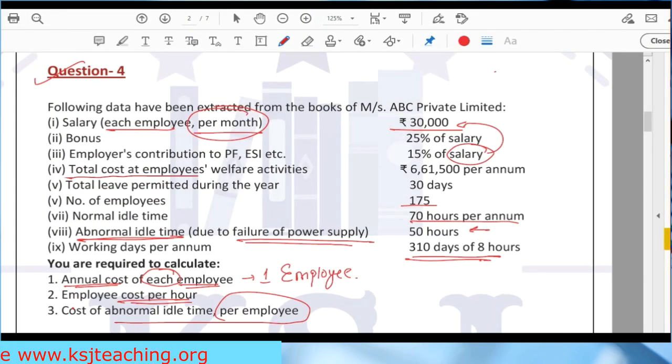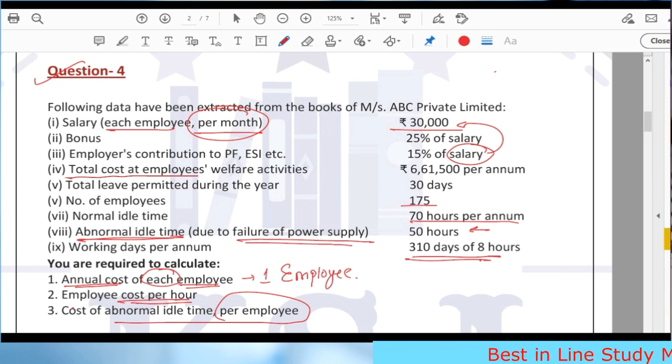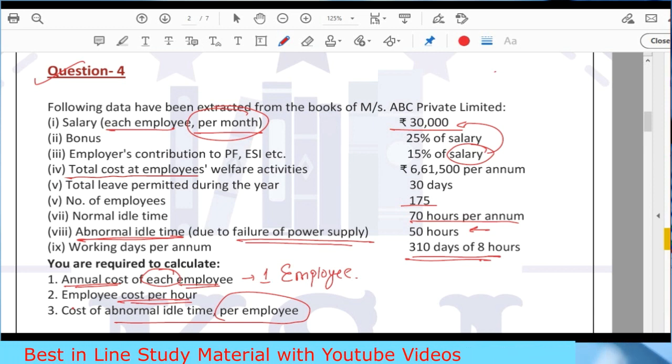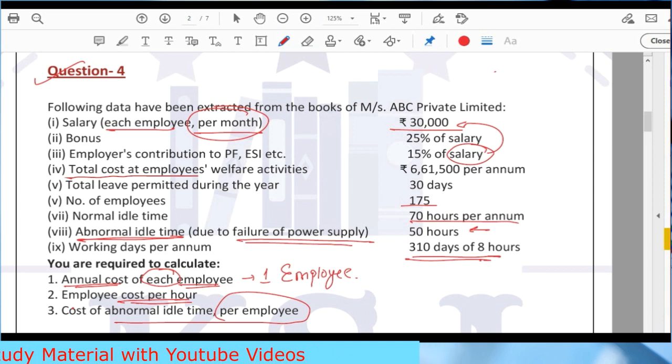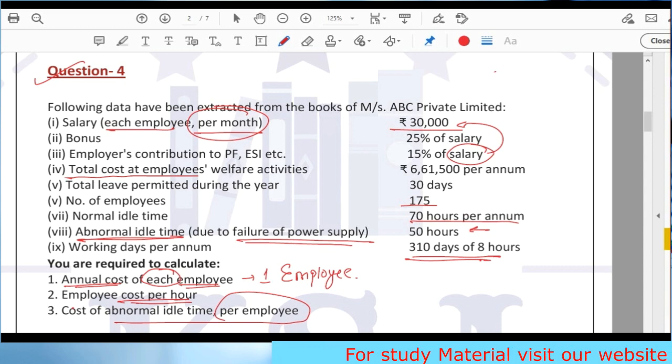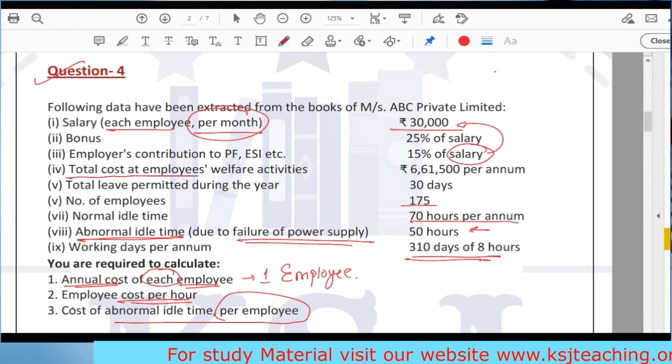Next is total cost of employees' welfare activities. Now you need to be very careful. 6,61,500. What you need to be careful about here is whether it is the cost for one employee or the cost for total employees. It is the cost for the total employees.